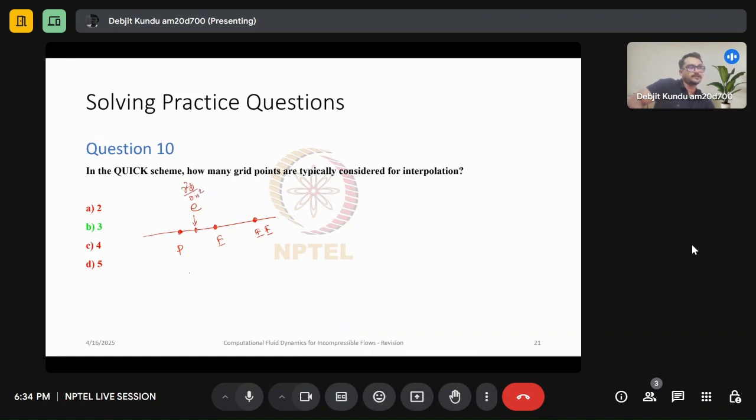For that, you use 1 point to the left and 2 points to the right. So a total of 3 points are used for these interpolations.